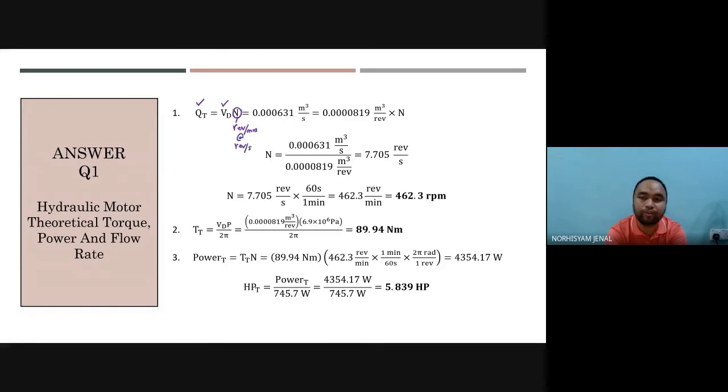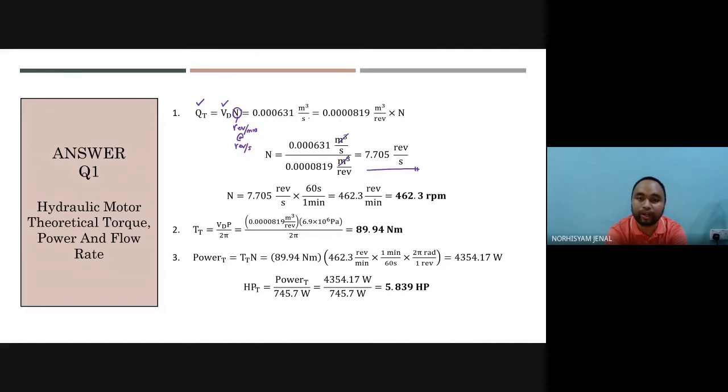So to find this out, N is equal to QT. Since this is in meter cube per second, you divide it by VD, meter cube per revolution. This cancels out. So at the end, you will have the answer in revolution per second. So this is the answer for N.